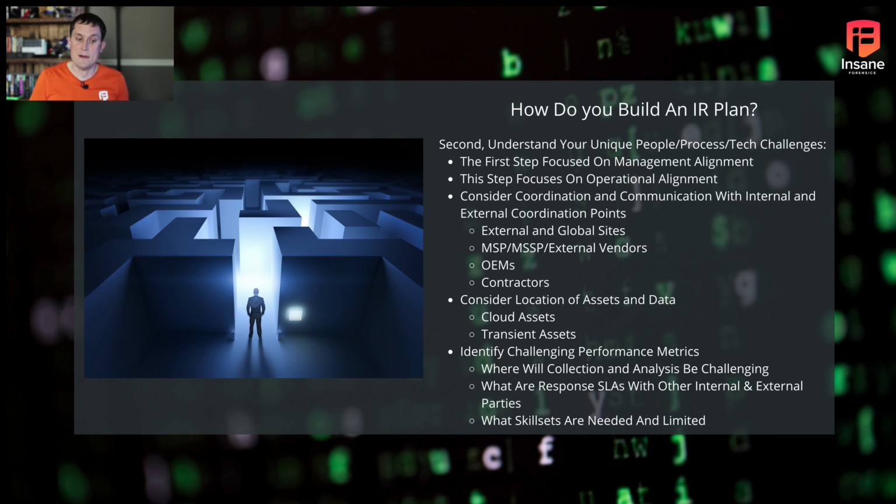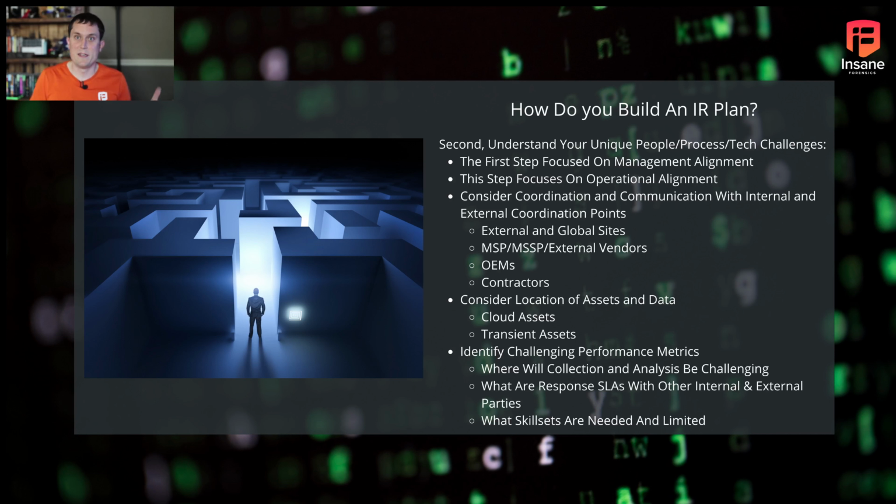Final big one on this slide, what skill sets do you actually need? So outside of the data being available and knowing where systems are, do you actually have the people that know how to use those tools to actually extract the data out and use it? Skill sets are critical, especially when you're dealing with niche areas. Industrial control systems are a good example.